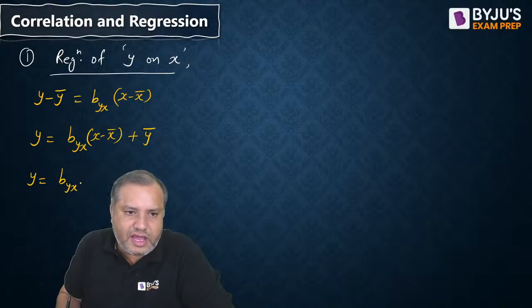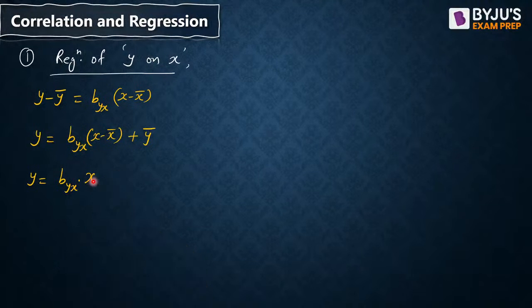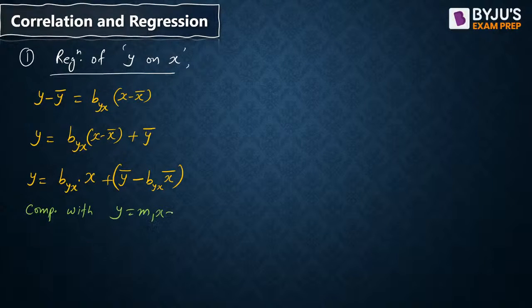Y equal to byx into x plus y bar minus byx into x bar. Got it? So student, you can compare it with y equal to mx plus c. So m1 is the slope, y equal to m1x plus c, so m1 will be byx. Comfortable?